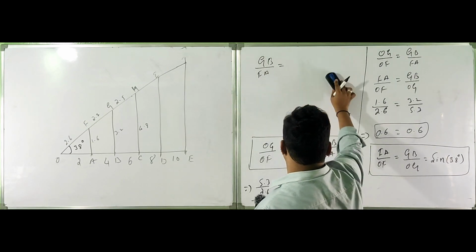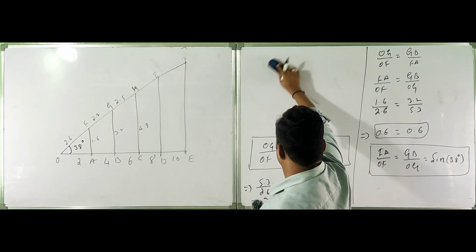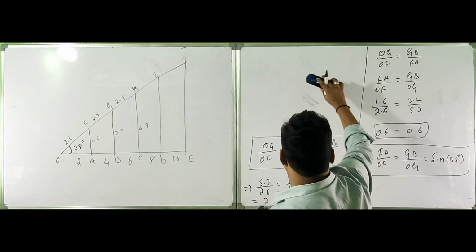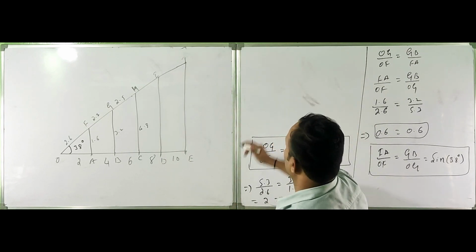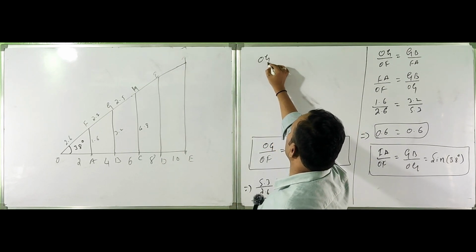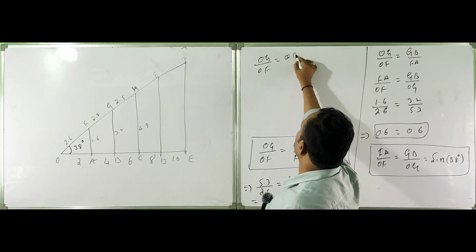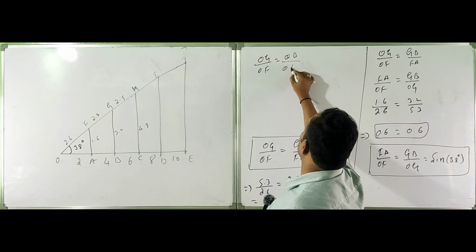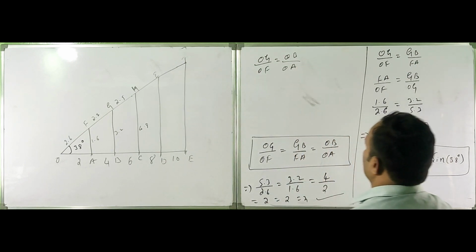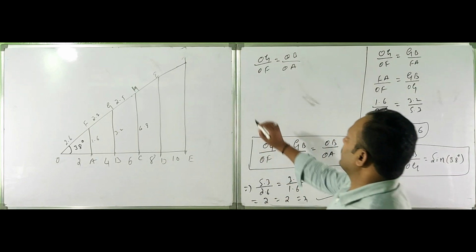You should take OZ by OB. OZ by OF is equal to OB by OA. This again, do the cross multiplication.